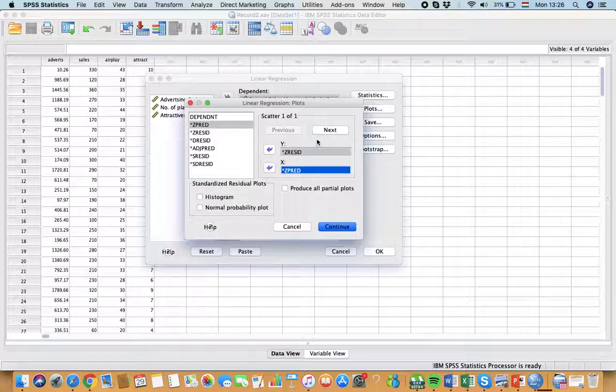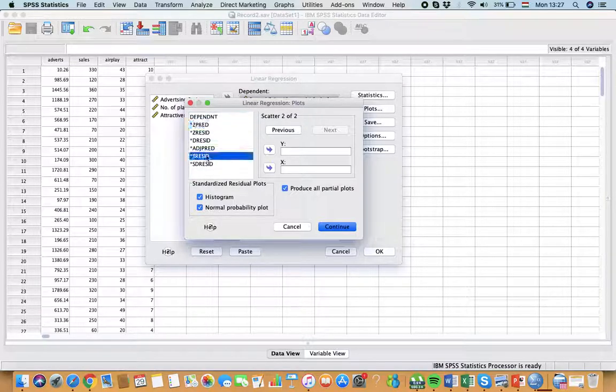Then we go produce all partial plots as well, histogram, normality. You go next, and the other basic analysis will be S-resid on the y-axis and Z-pred on the x-axis.